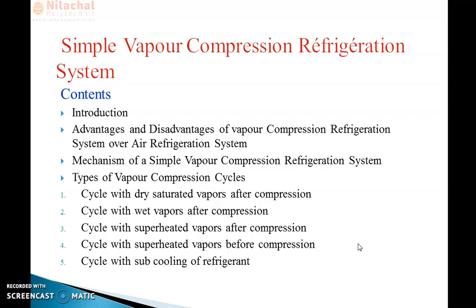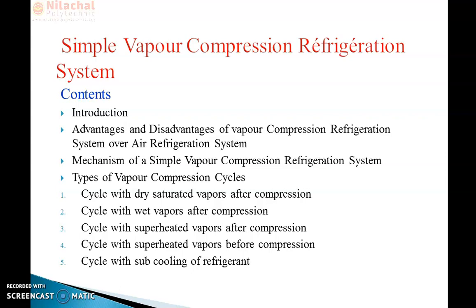The first is the introduction, then the advantages and disadvantages of the vapor compression refrigeration system over the air refrigeration system. Then the mechanism of the simple vapor compression refrigeration system. Then the types of vapor compression cycles. The 5 types are here.